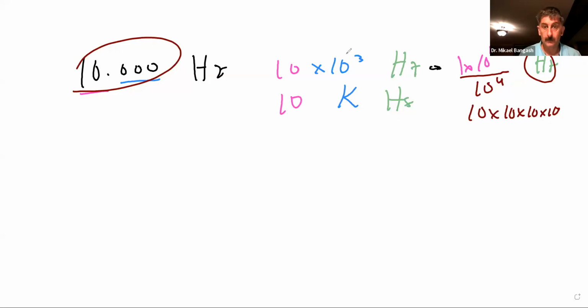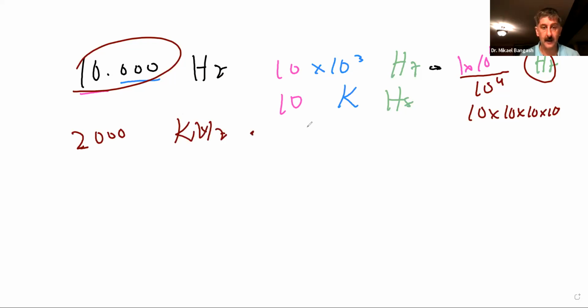Okay, so the frequency range was 2 megahertz to 15 megahertz. But can you write 15 megahertz in different ways? Yes, you can. You can say 15 megahertz or 2 megahertz, for instance. That can be 2,000 kilohertz.